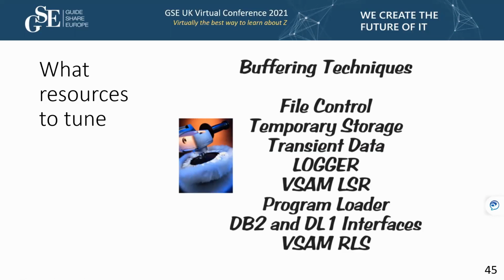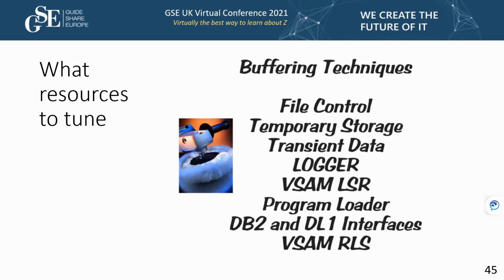Transient data, again, is always, well, it's not always IO if it's not recoverable, but nonetheless, that might cause some IO. Logging is always IO. VSAM LSR, if you tune it properly, you can get look-aside hit ratios on data and index buffers, and therefore perhaps you could reduce the IO dramatically.